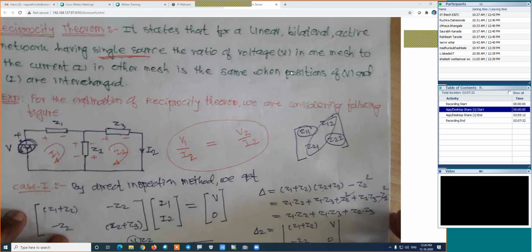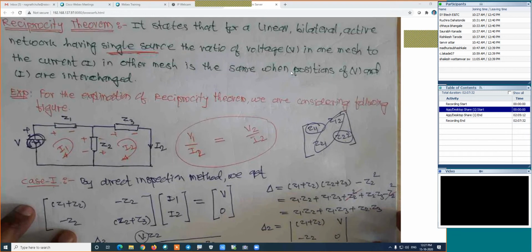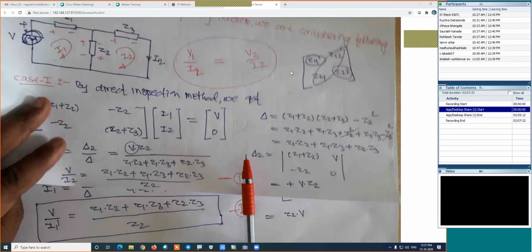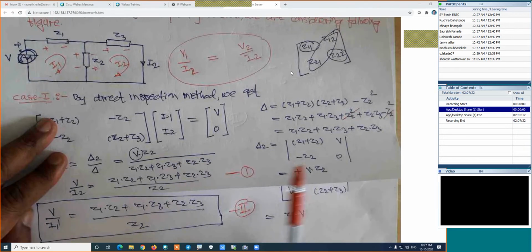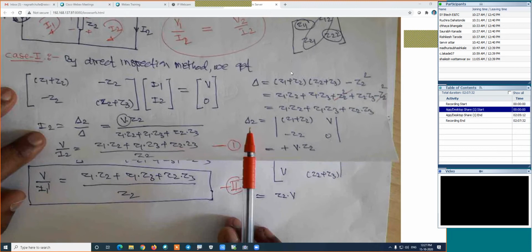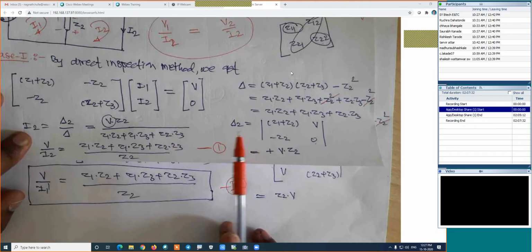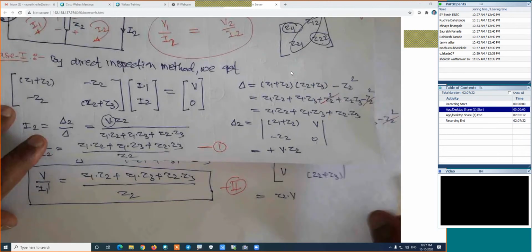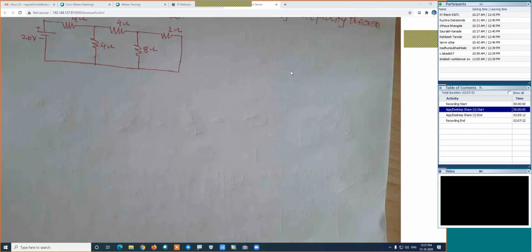Means whenever we change the positions of V and I, its ratio will be the same. This is the ratio for the first case, as per equation number 1, and this is as per equation number 2. That is the statement and explanation of this theorem, which is nothing but the reciprocity theorem.